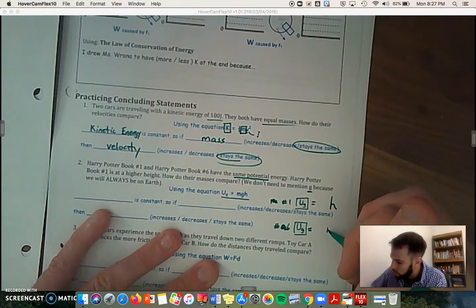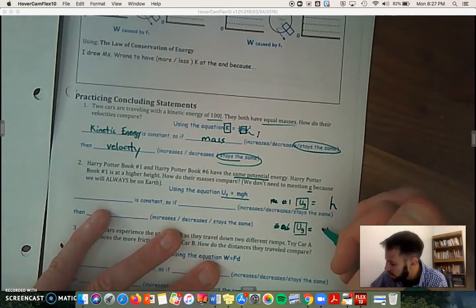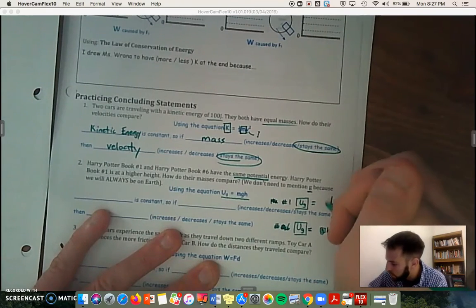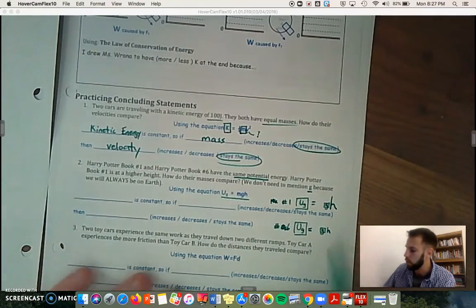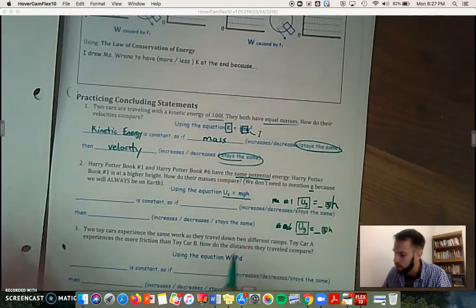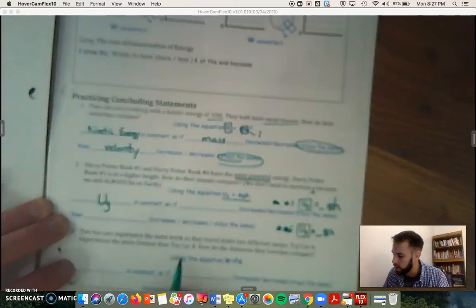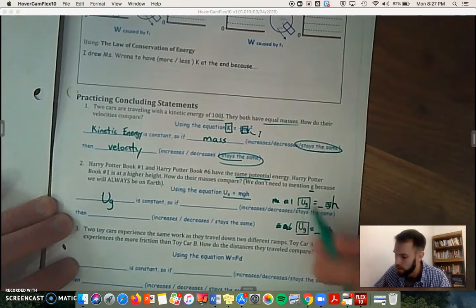So we're still dealing with equations, but a little bit more conceptually now. And G is always going to be the same, so you can include it or you don't have to. I'm going to include it, but I'm going to box the G in, showing it's the same. So now the only variable that's left is mass, right? So it's this idea that potential energy, UG, is constant. Let's look at book 1.